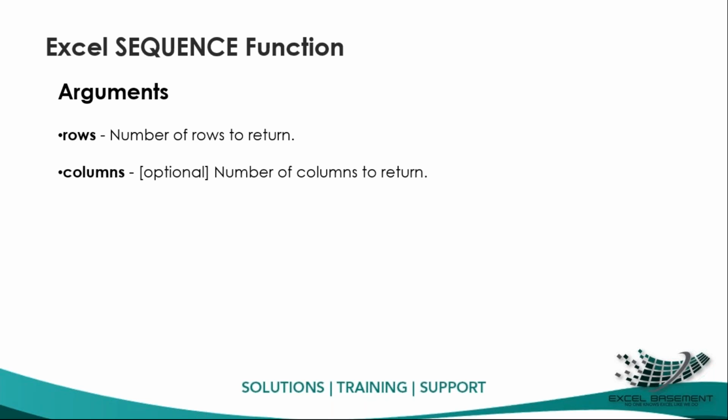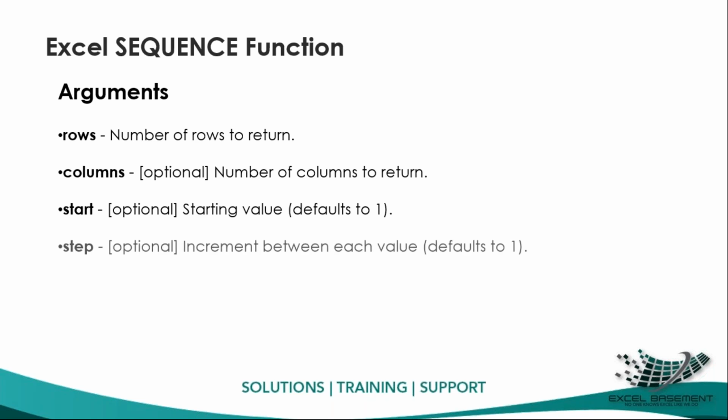The second function argument is the columns, which is optional. It is the number of columns to return, how many columns we require. If we don't provide anything, it will just generate numbers in rows. The start number defaults to 1. If you skip it, it starts from 1, or if you have a customized preference, you can give any number as the starting number.